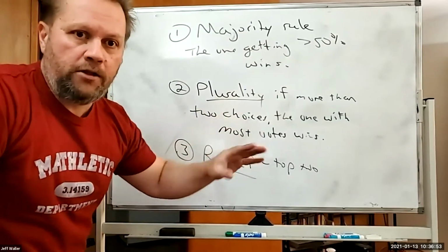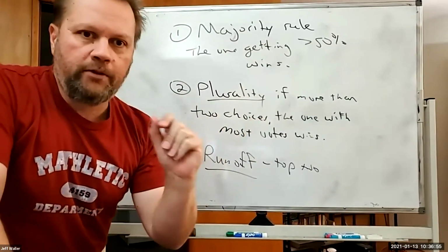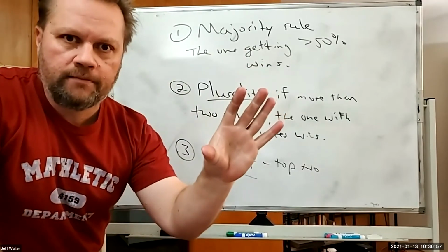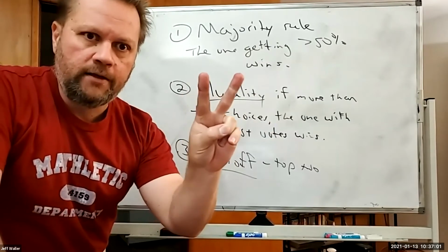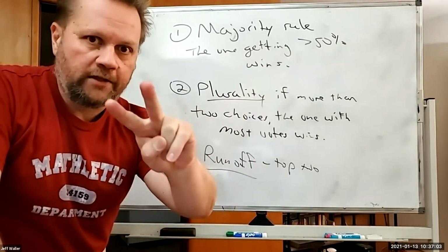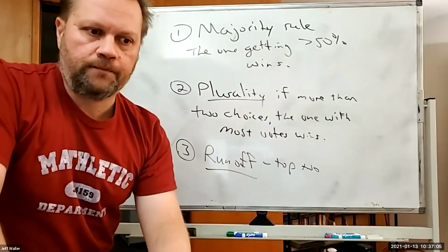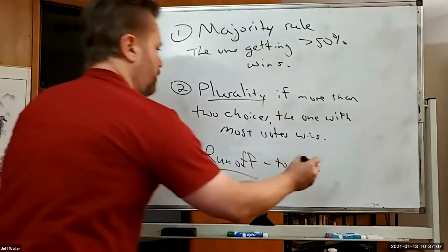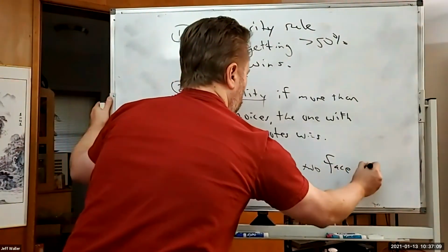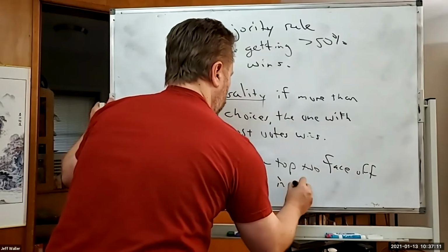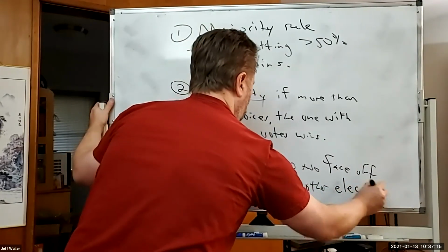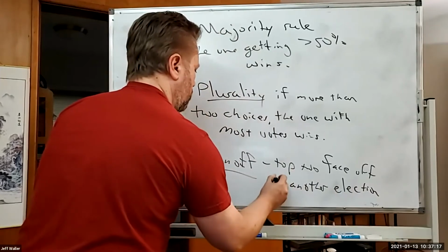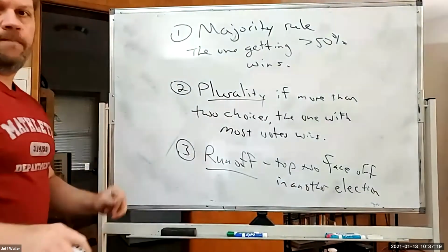So with plurality, you could have 1,000 people or 1,000 things. The top 2 from that then go and face off in another election.